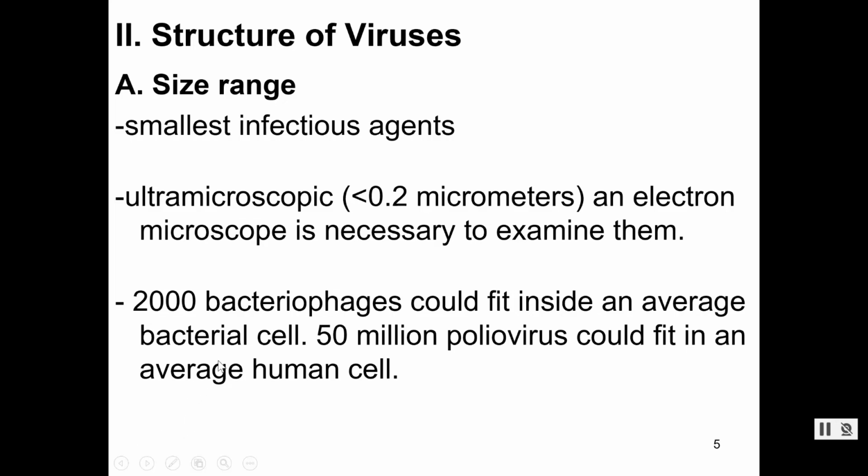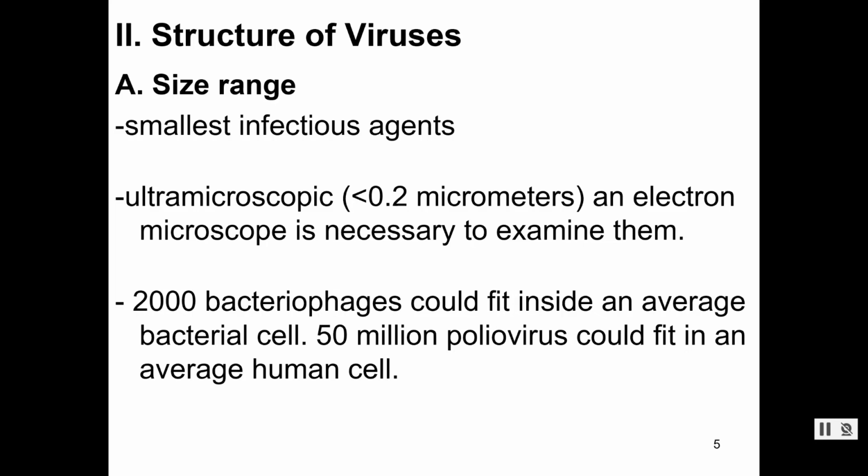Comparison: if I took an average bacteria cell, and I don't know if you've really understood how small a bacterial cell is, but if you go back to microscopy, we have to magnify a bacteria cell 1,000 times to see those little bitty dots. So that's a lot of magnification, 1,000 times just to get those little bitty dots.